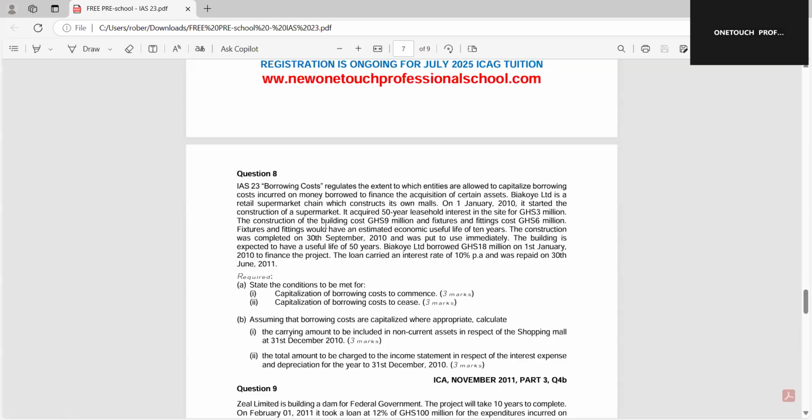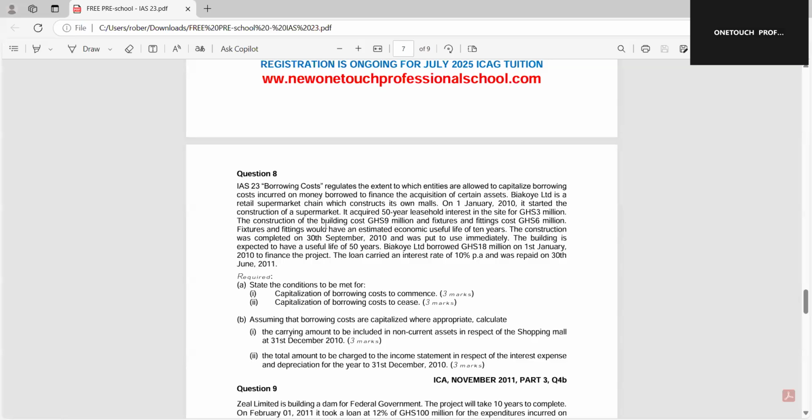Now let's look at the conditions that have to be met before you can cease capitalization. Upon completion of the project, or when it's ready for use. So capitalization ceases when the asset is ready for use. And what again? When it is in phases, the part that is completed.